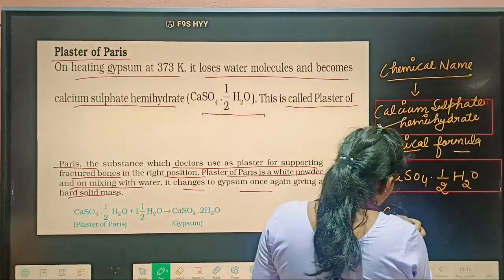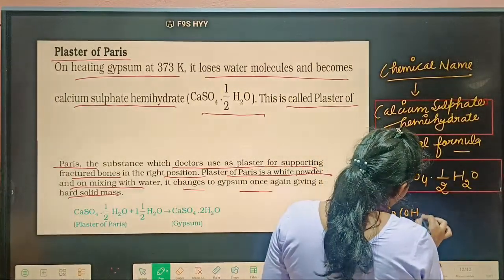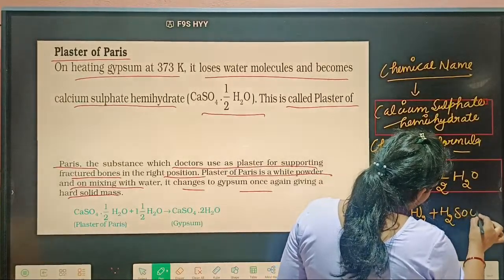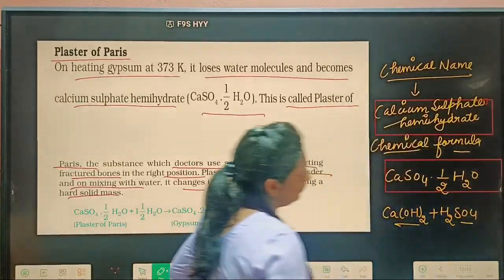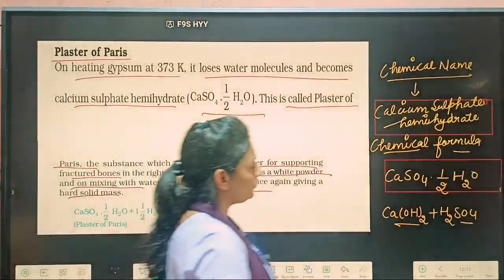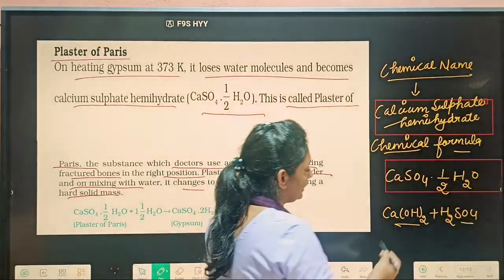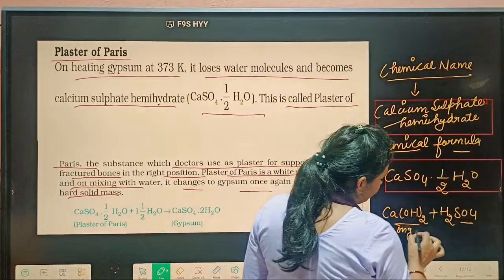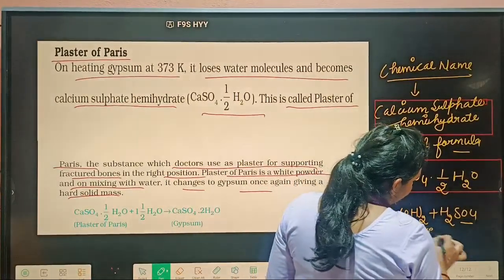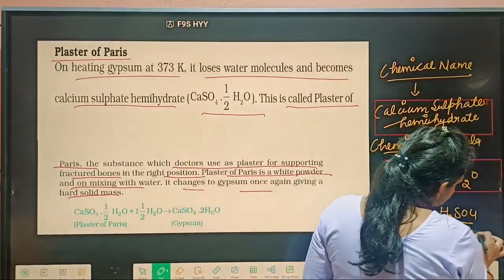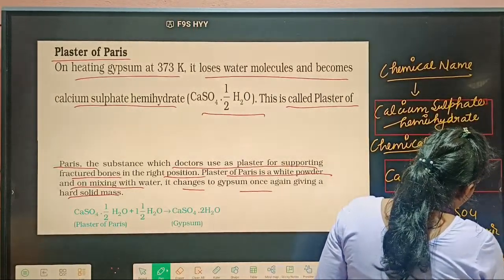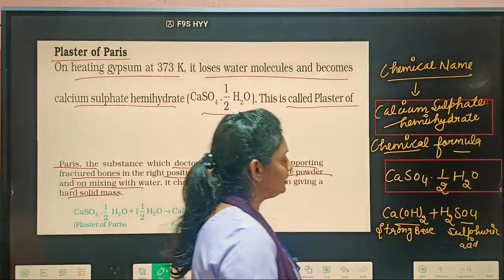First thing, Ca(OH)2 plus H2SO4. You know very well, it is a combination of the calcium hydroxide and sulfuric acid. Students, here calcium hydroxide is a strong base, and sulfuric acid is also a strong acid.